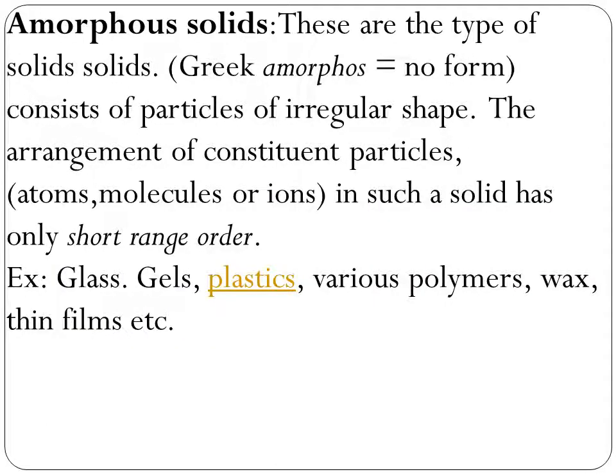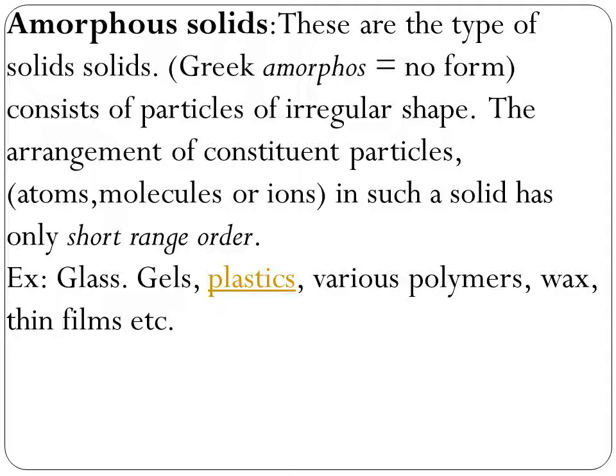The next type of solids are called amorphous solids. Amorphous means no form. These are solids consisting of particles of irregular shape. The arrangement of constituent particles in such a solid has only a short range order. Try to understand, dear students.